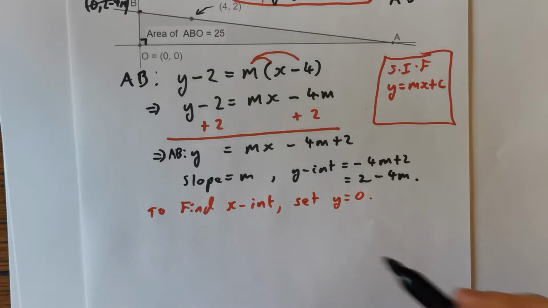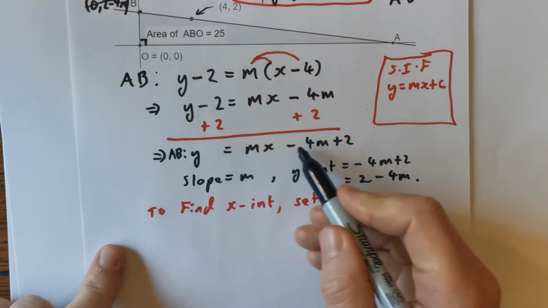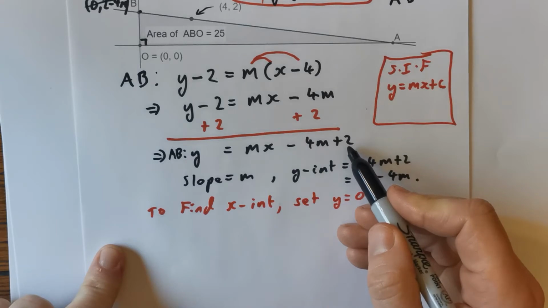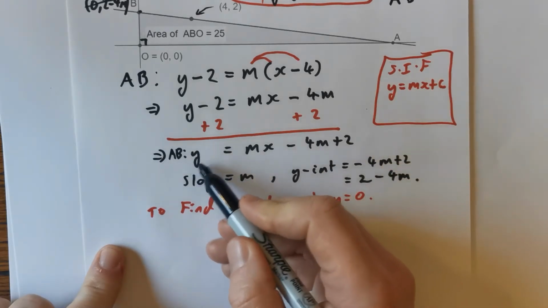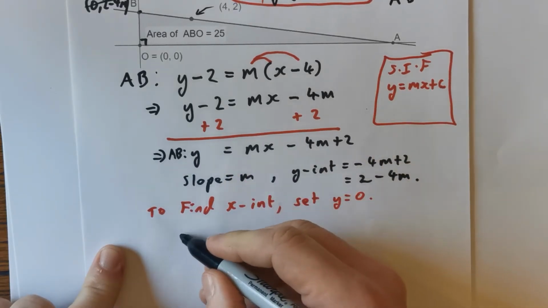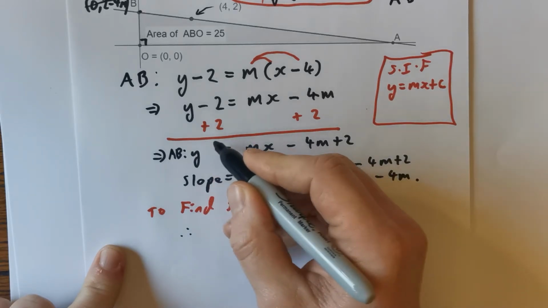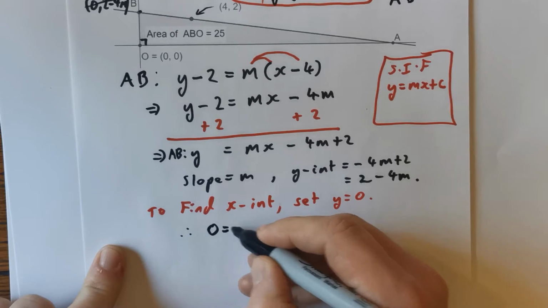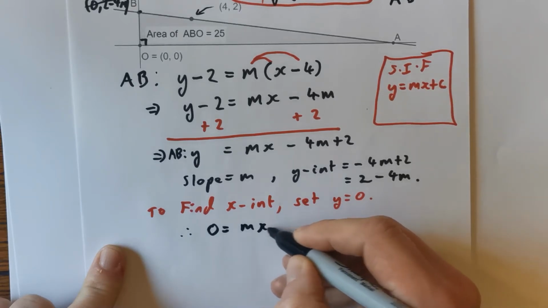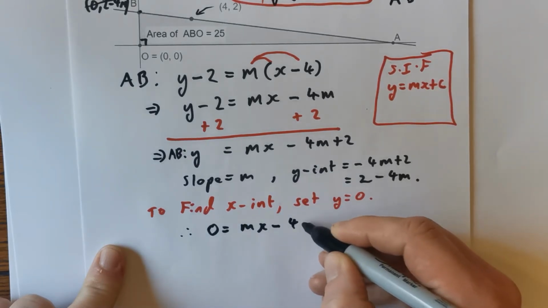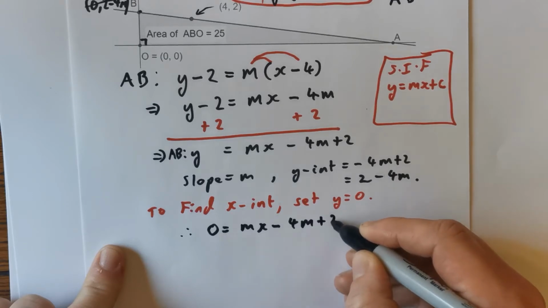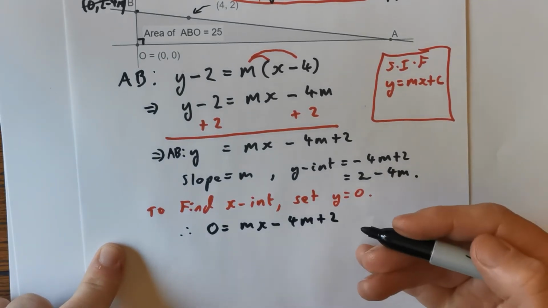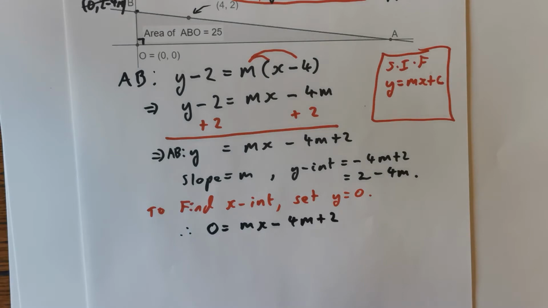So if I take my equation, y equals mx minus 4m plus 2, and set y equal to 0, I get 0 equals mx minus 4m plus 2.